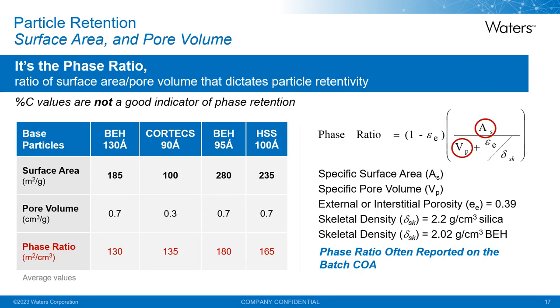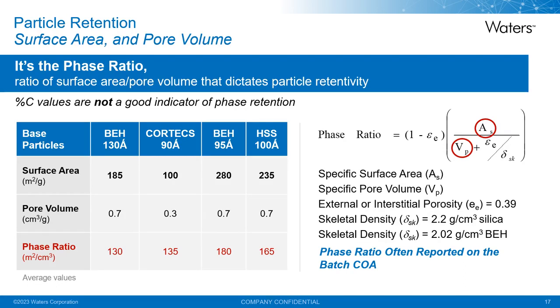For reference, the full equation is shown to the right, where the packing density and interstitial porosity, along with the skeletal density of the particle, whether it be silica or hybrid, are factored in. In the chart to the left, we compared 4 different Waters particles and their respective pore volumes and surface area measurements and their calculated phase ratios.